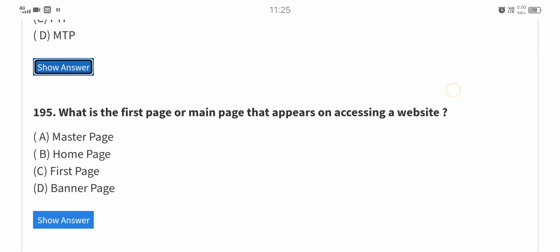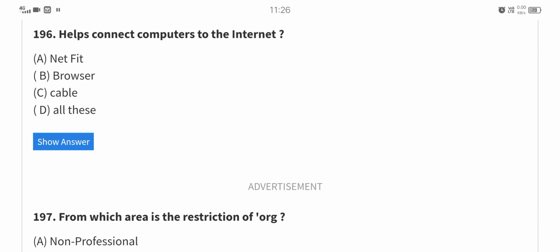What is the first or main page that appears on accessing a website? Home page. What helps connect a computer to the internet?